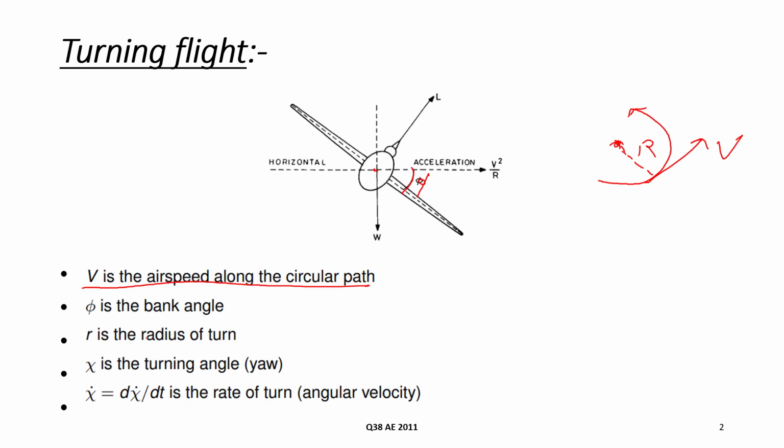Phi is the bank angle, r is the radius of the turn, and xi is the turning angle, how much it is turning, and xi dot is the rate of turn, which is the angular velocity.